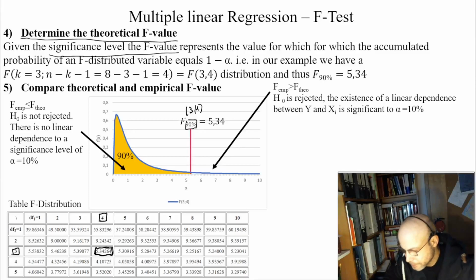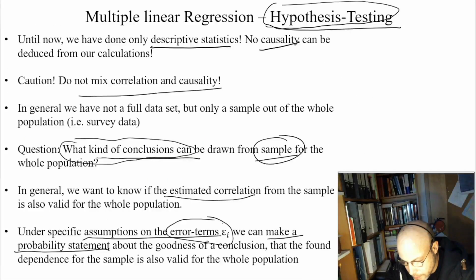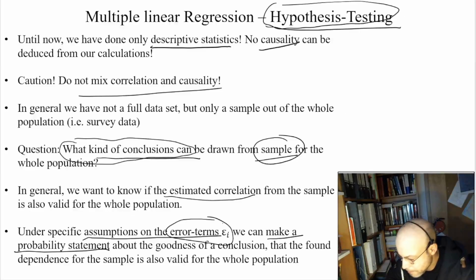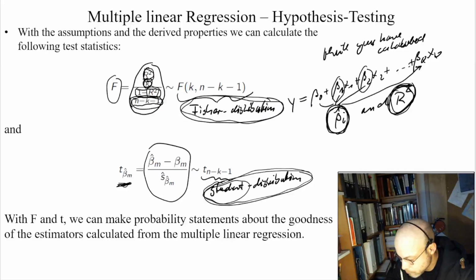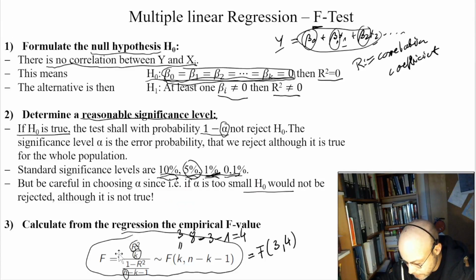So, and then let's have a look. Our empirical value is, what did we have? I think 0.93. Here we have 0.93. This was R squared. And let's take our formula here.